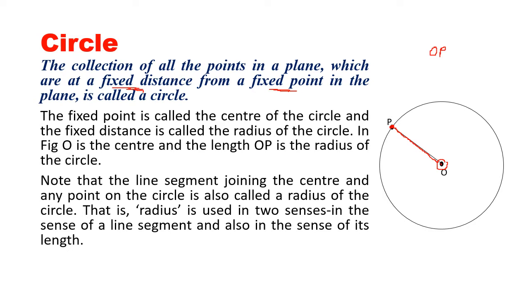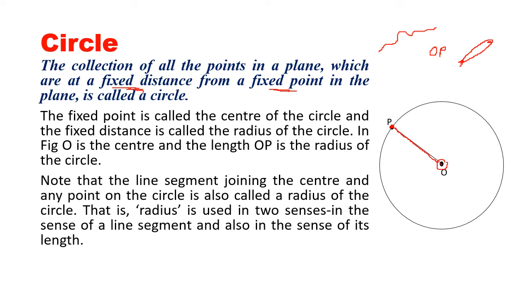So when you have a fixed point and a fixed distance, now what you're supposed to do, you can try one thing. Take a piece of string. Then you tie the two ends of the string in a loop. Now you need a fixed point. So here you put your finger and hold it tight.